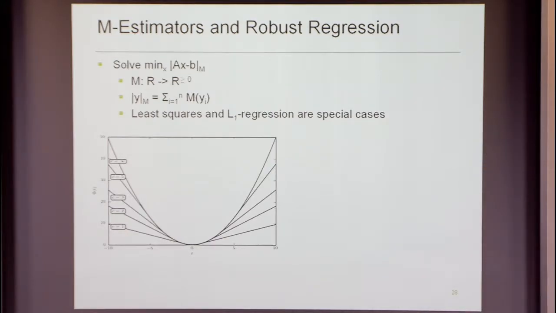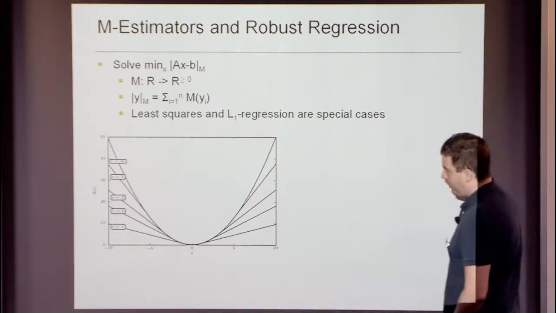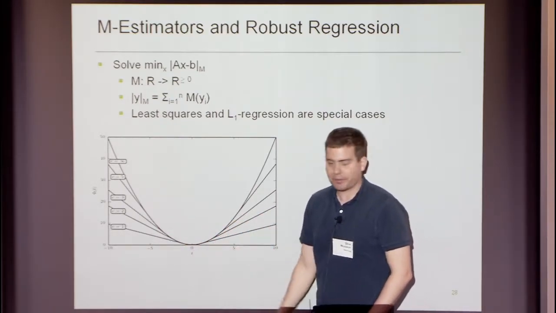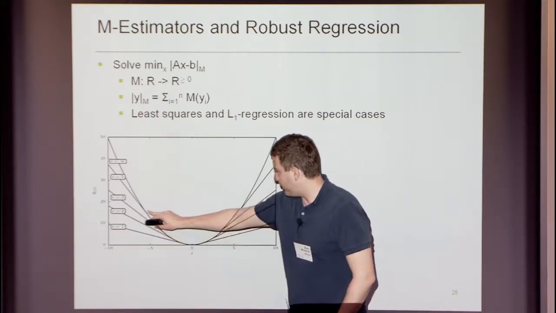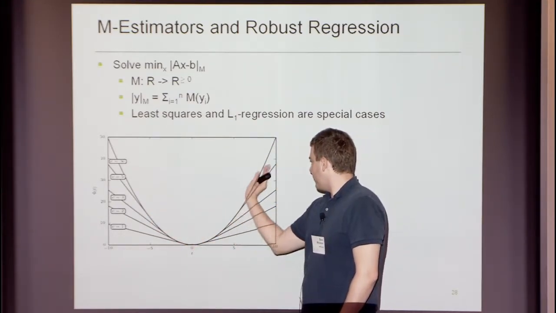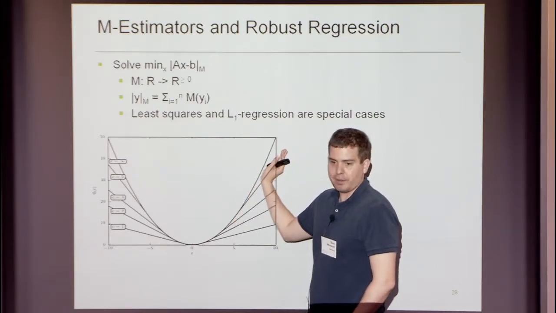Another interesting case that's studied in practice is called the Huber penalty function, where Huber is a mixture of L2 squared and L1. Near the origin, this function looks like L2 squared, but as I move away from the origin, it looks like L1.